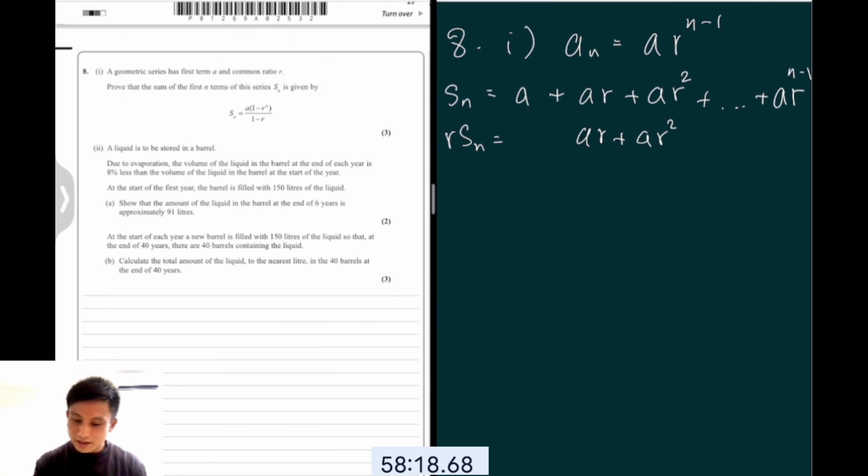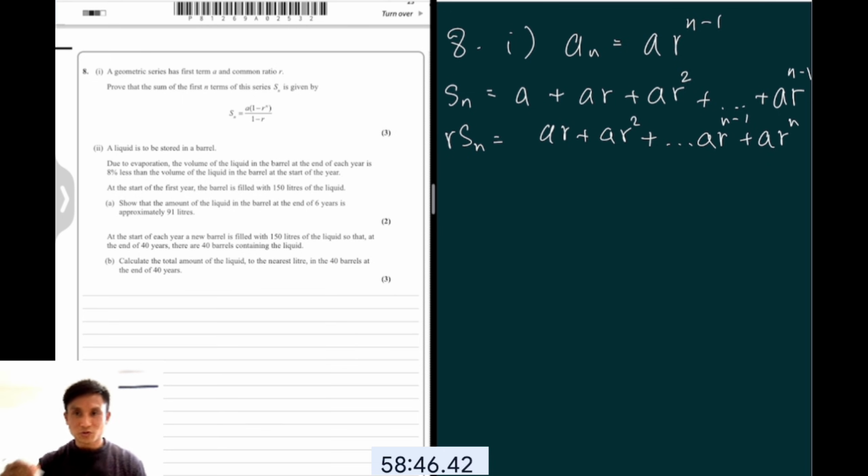So if you take the top line, multiply each term by r, the first term, which is a, will become ar, which is the first term of r times Sn. Make sure you understand this because it's the critical step here. Plus, but then the second last term will instead be a times r to the n minus 1, but the actual last term would be ar to the n.